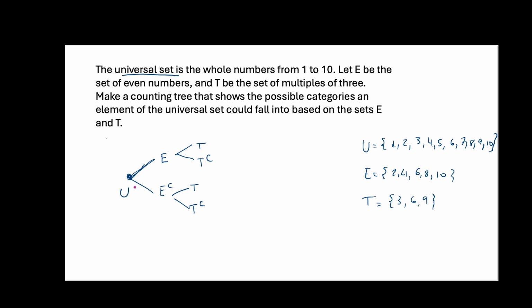In our universe, how many elements do I have? You can count, it's a fairly small list: 1, 2, 3, 4, 5, 6, 7, 8, 9, 10. So 10. Then what should be here when I branch?